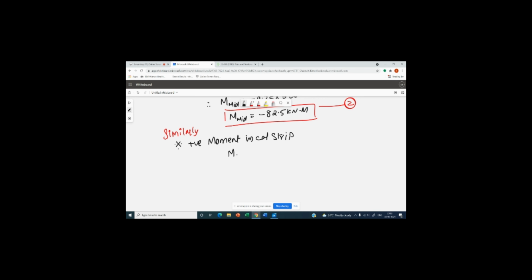That is like this: 0.6 times of Mu positive. The positive bending moment which we got was 177.5, 35% of the total bending moment. So this is positive, you can show it as plus 106.5 kilonewton meter.